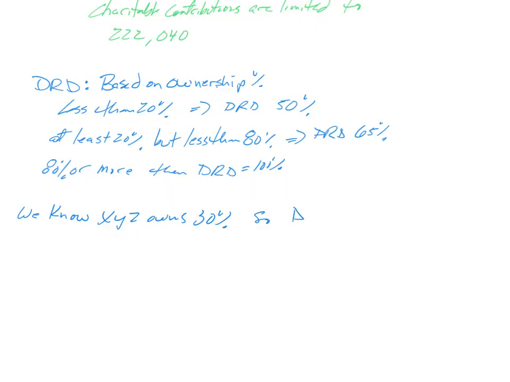So the dividends received deduction equals their $200,000 dividend times 65%. Hold on, I'm going to erase and make that a little bit neater. So that is $130,000. And so that's their dividend received deduction.